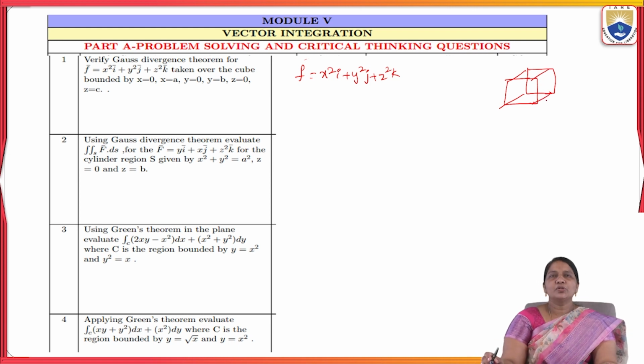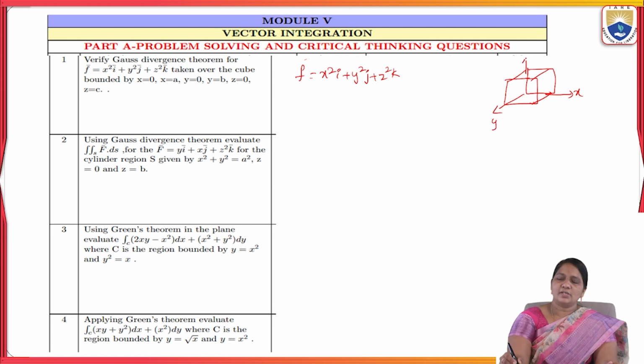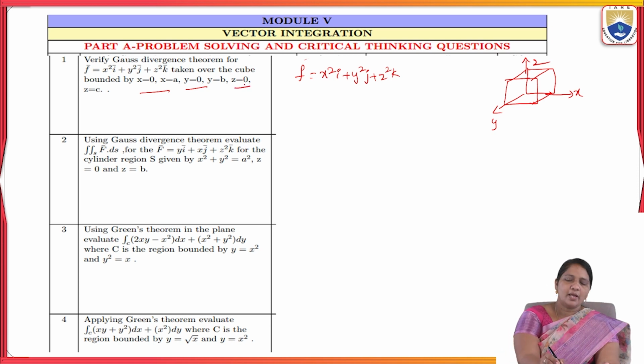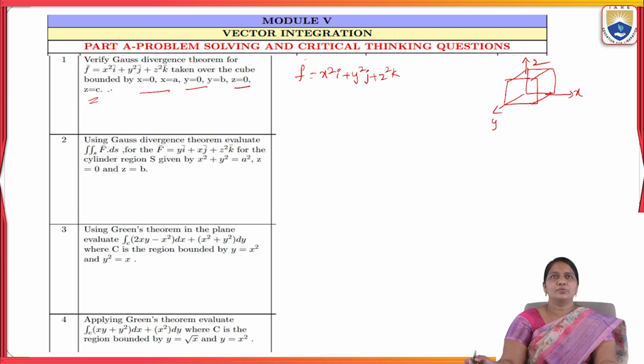This is the cube, and here we have the x-axis, y-axis and z-axis. So here we can take x from 0 to a, that is x equal to 0 and x equal to a, y equal to 0 and y equal to b, and z equal to 0 and z equal to c.